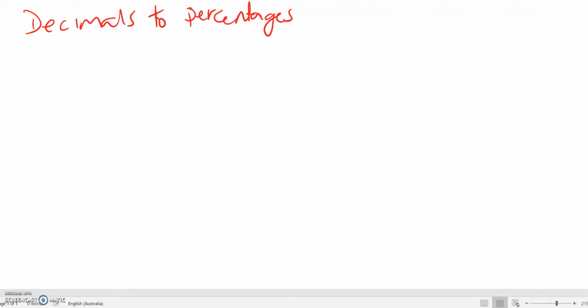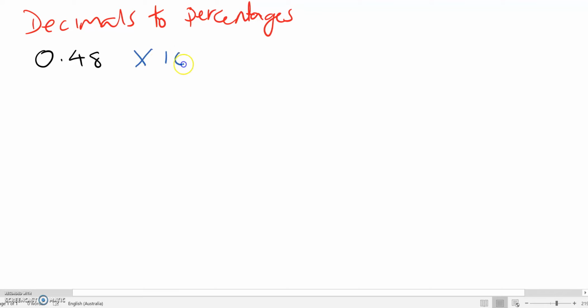So let's say we had a couple of percentages, a couple of decimals. It was 0.48, for example. We need to turn that into a percentage. So what you want to be looking at is always, from decimal to percentage, we're going to multiply by 100. So when we multiply by 100, there are 2 zeros in 100.